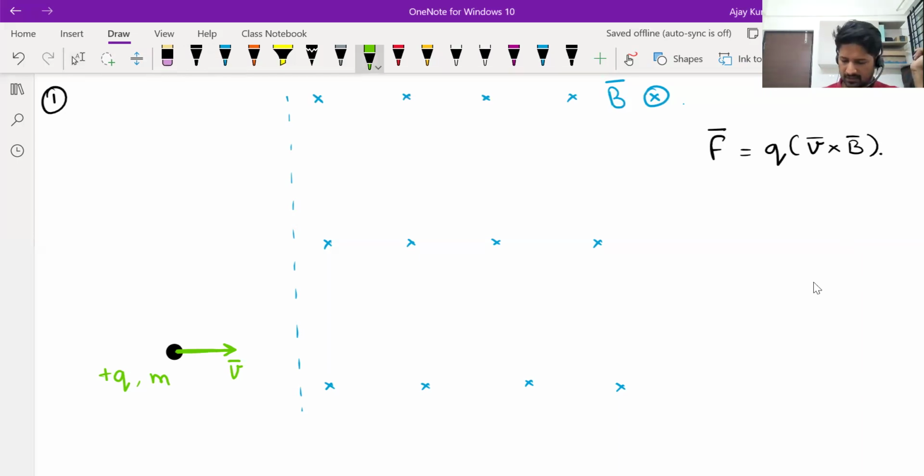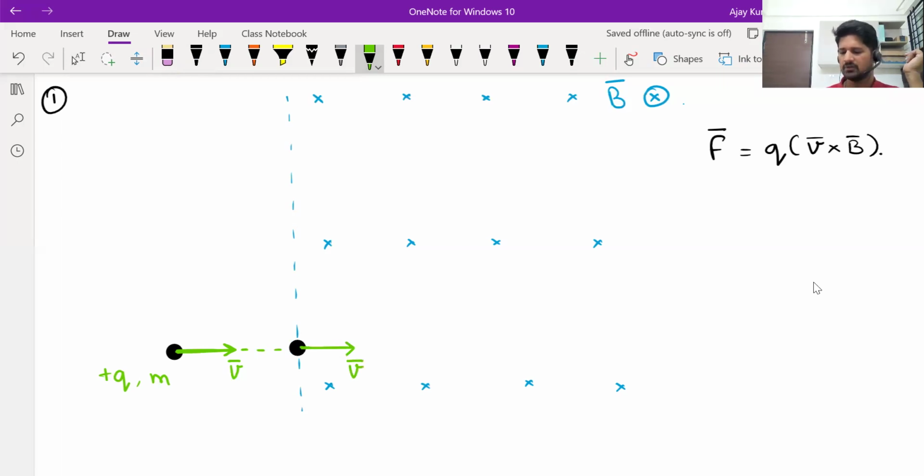We know that till it enters into the magnetic field, it will move in the same manner. It won't undergo any disturbance. So the charge is going to enter the magnetic field with the same velocity v in this direction. The moment it enters, it will be like this. Yes, what will happen after that?